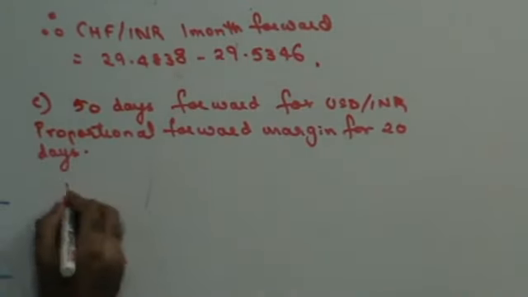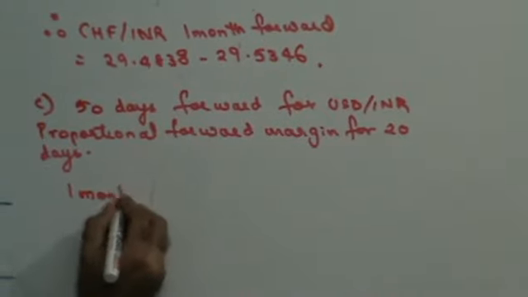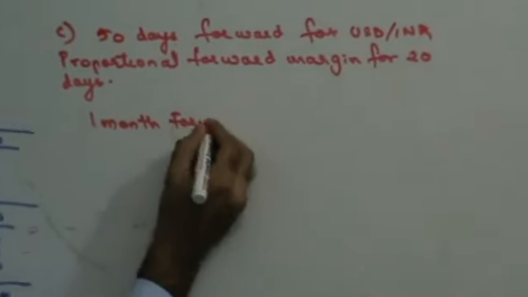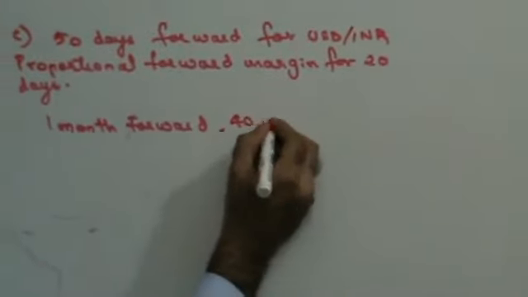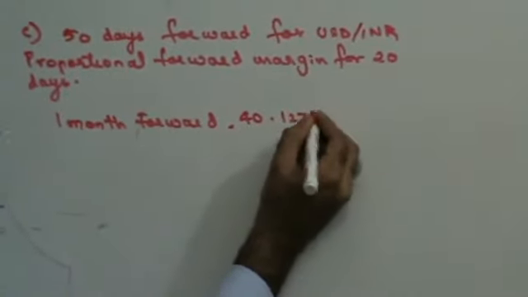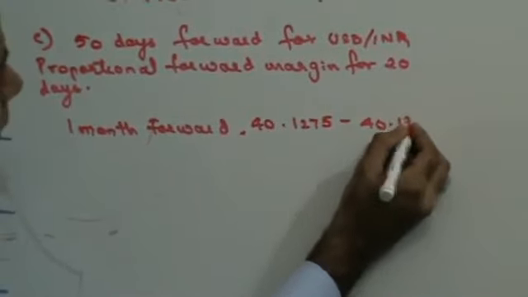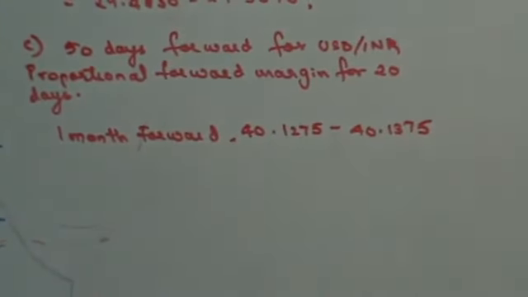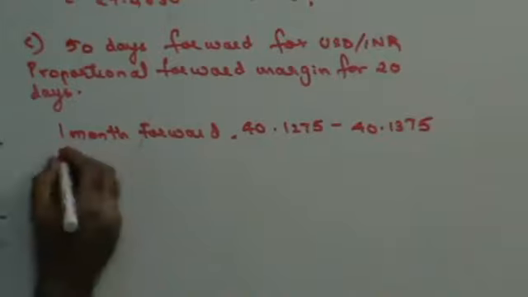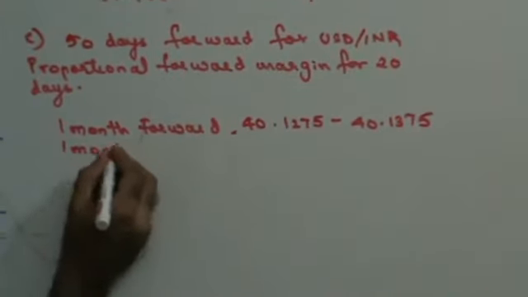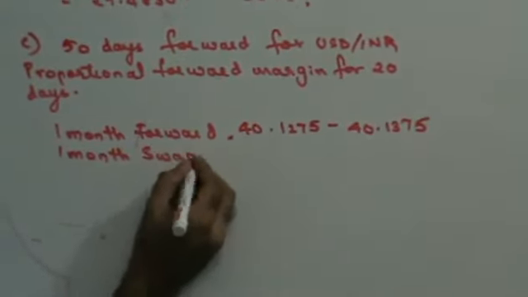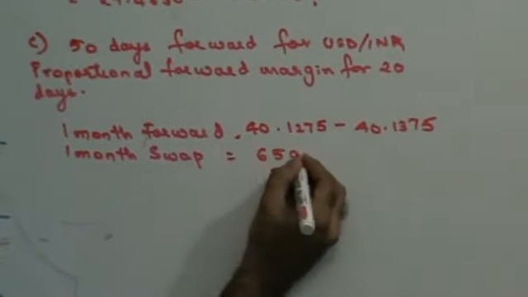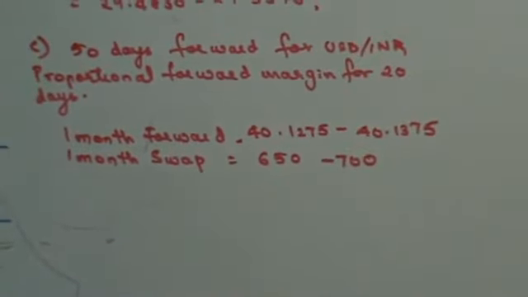Right? 1 month forward for USD INR is 40.1275, 40.1375. Okay, and 1 month swap points are given to you as 650 and 700, right?